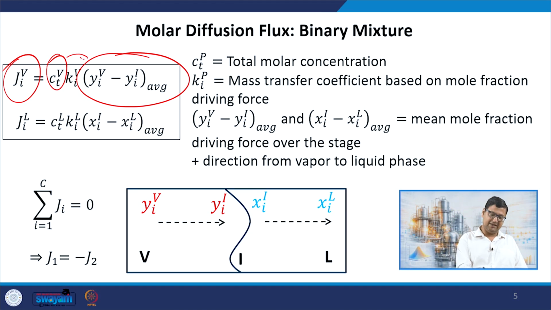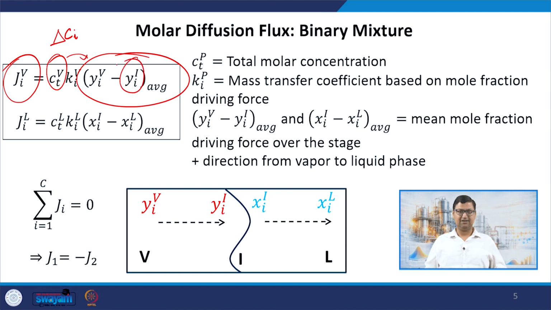This multiplied by this basically gives me the concentration difference for the species I, right, because CTV into YIV gives me the concentration of I in the vapor phase, and CTV into YII is the concentration at the interface, right.